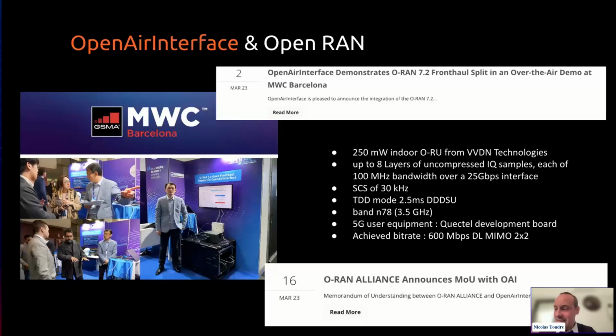The SCS, which is the delta between the different subcarriers, was 30 kilohertz, and the TDD mode 2.5 milliseconds DDDSU. That means 3 downlinks for 1 uplink, and the band used was N78, which is centered at 3.5 gigahertz.